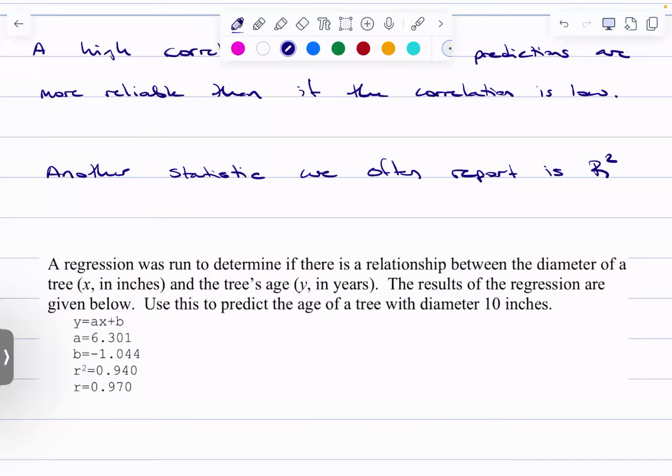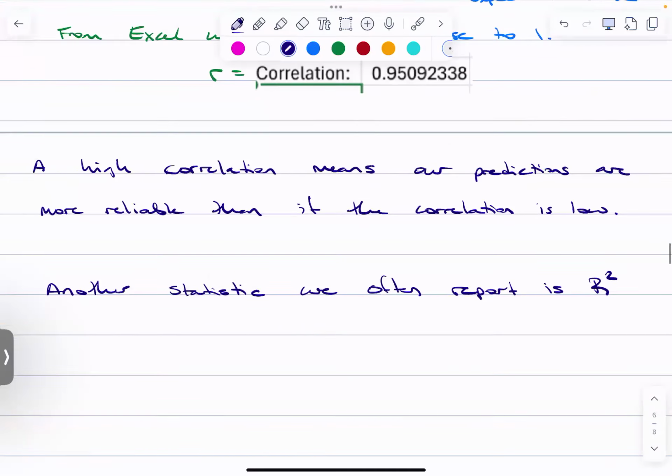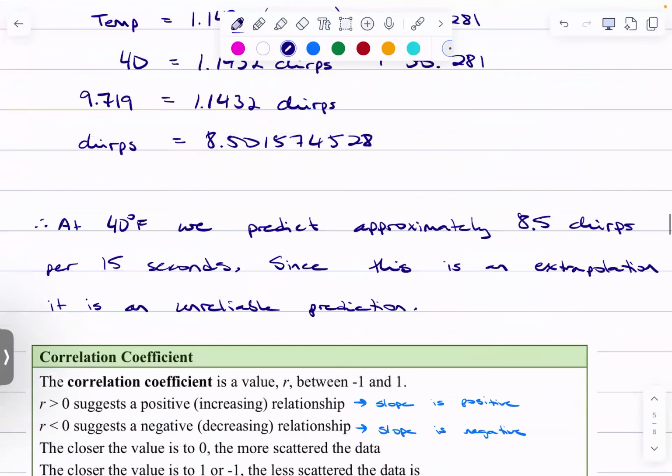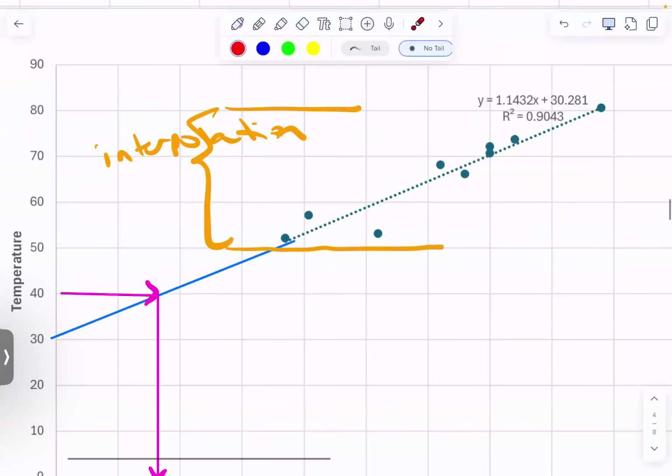In fact, on your Excel output, that's the second part of the output, right? I give you the line and I give you the r squared.